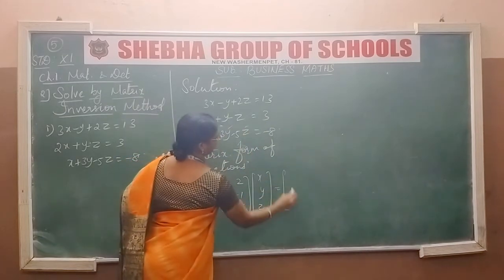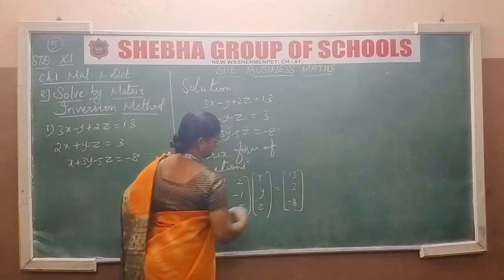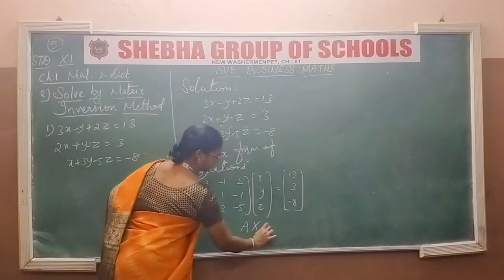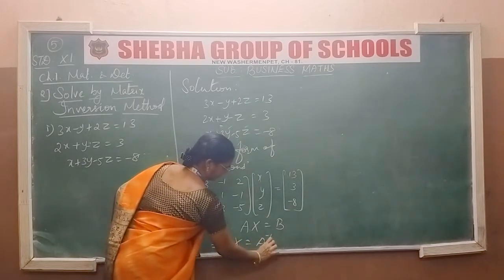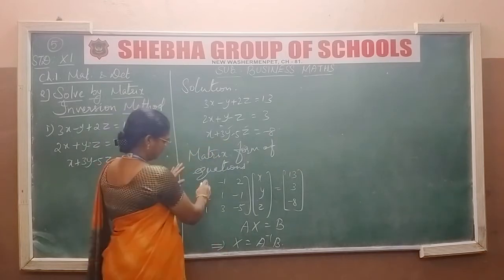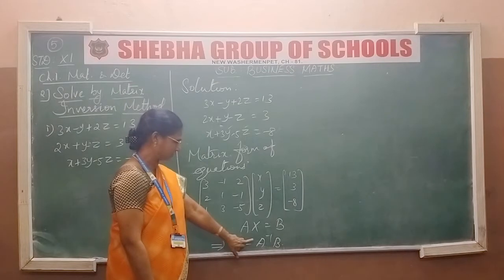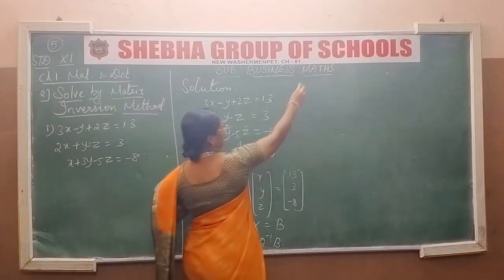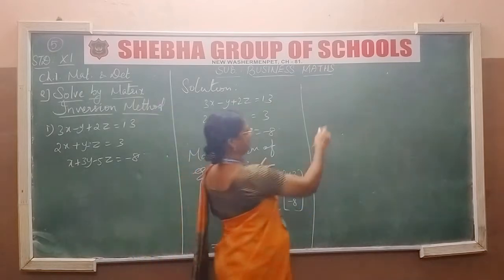This is equal to b. b is 13, 3, minus 8. Okay, this is of the form Ax equal to b, which implies x is equal to A inverse b. First write the matrix form and then write this form Ax is equal to b implies x is equal to A inverse b. Next you have to write what is A, what is x and what is b.